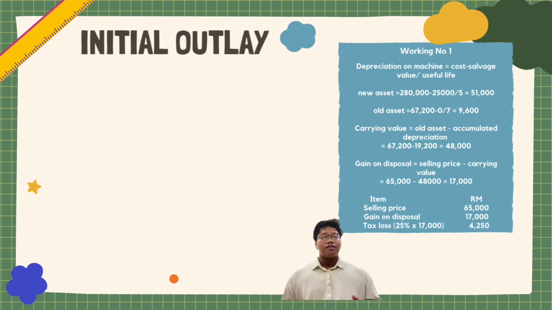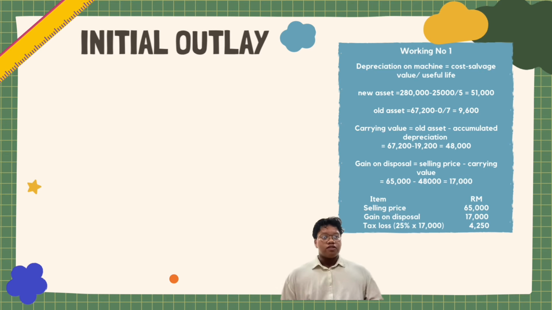After we add all those costs incurred, we get the depreciable cost amounting to 306,000. Next, we need to add the increase in investment, which is the net working capital, amounting to 25,500. After that, we need to deduct the sales proceeds of the old asset, which is 65,000.